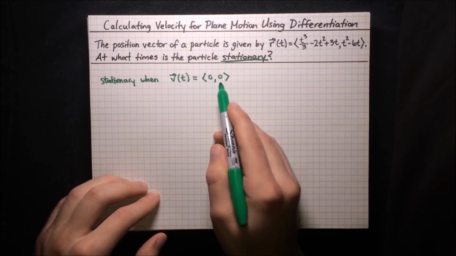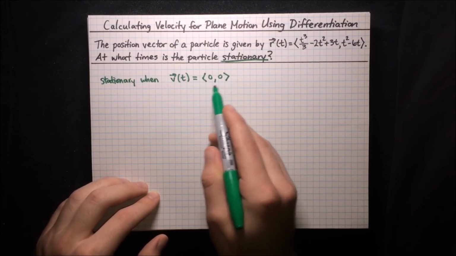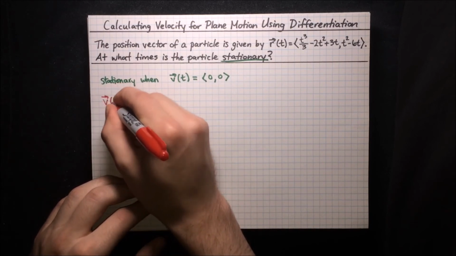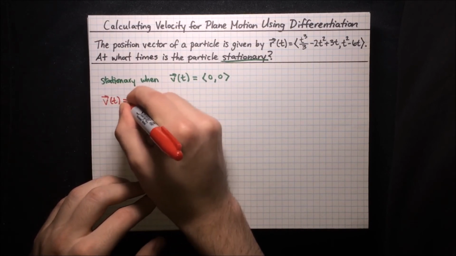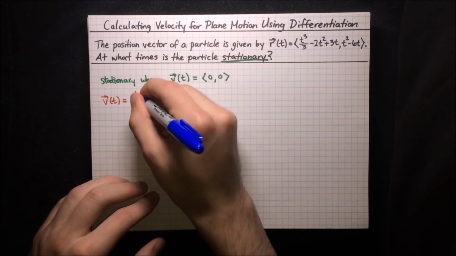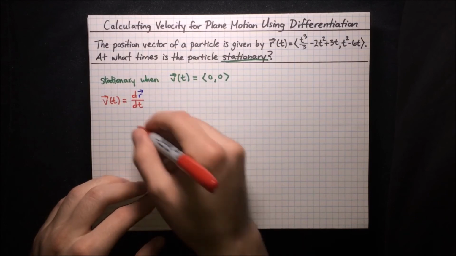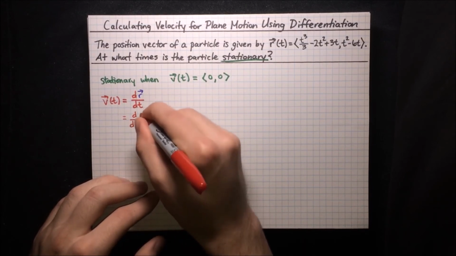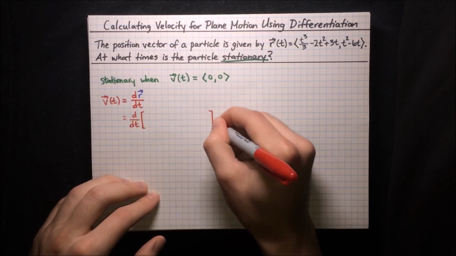Okay, so with this in mind, first we need to compute the velocity vector of this particle. So let's do that over here. V of t, velocity at time t, is equal to the derivative of the position vector, so dr/dt, and then we'll plug in the position vector into that expression, so d/dt of the position vector.